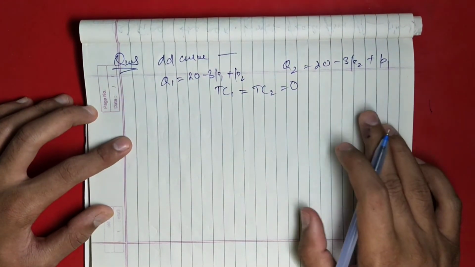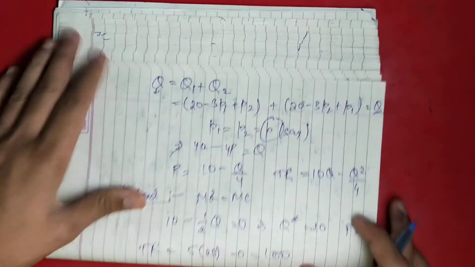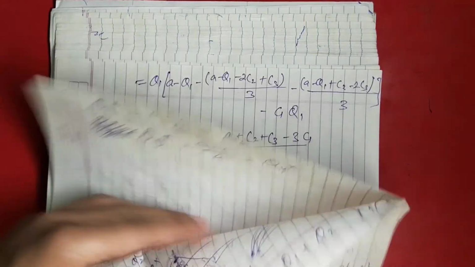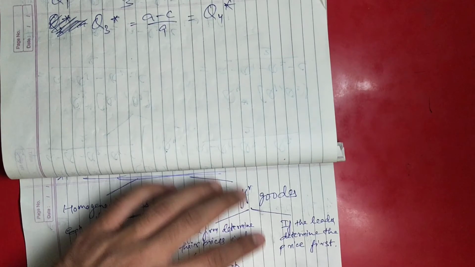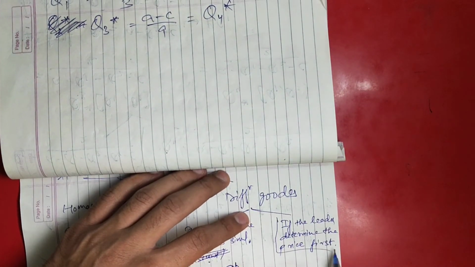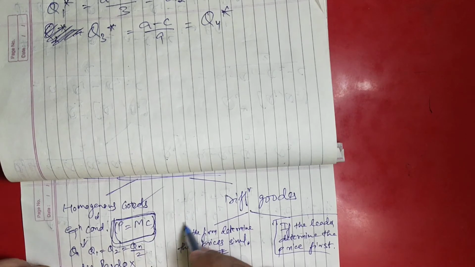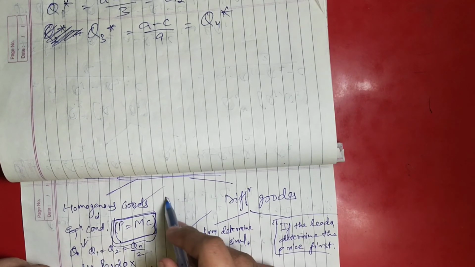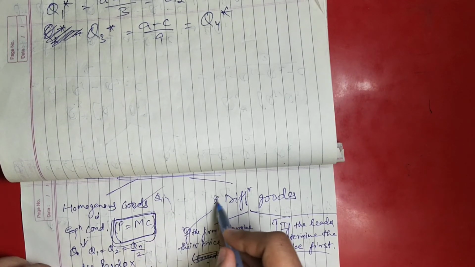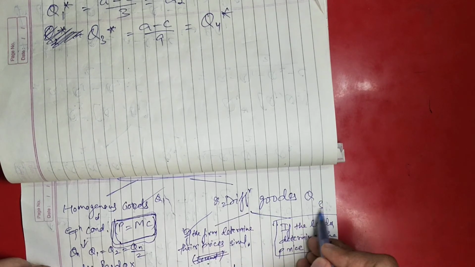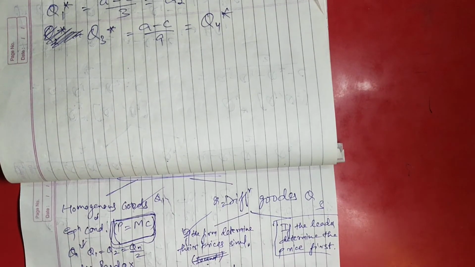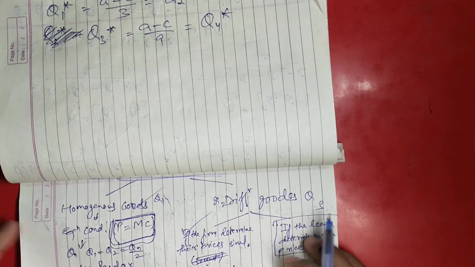So now I am taking the second case. What was the second case? If we see back here, it was when the leader determines the prices first. We have done this. The first question was this, the second question was based on this, and this question 3, which we are going to do, is based on this.